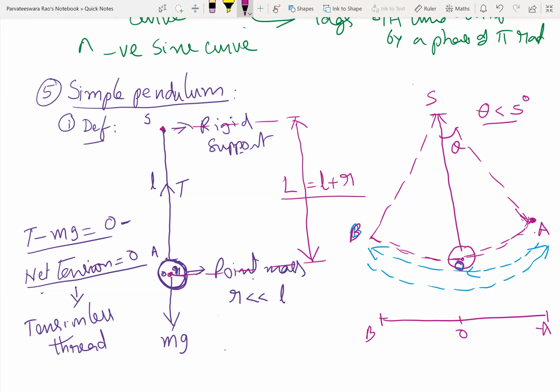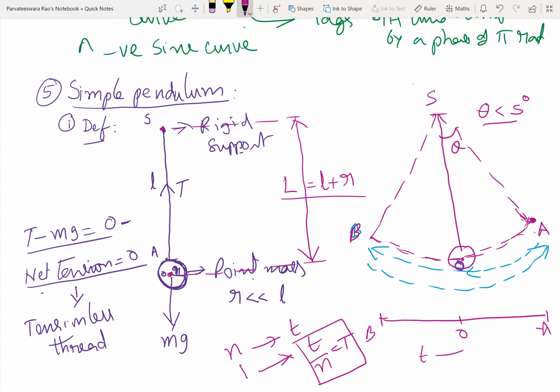Suppose the pendulum takes t seconds to make n complete oscillations. Then the time taken to make one oscillation is t by n. That is called the time period. Time taken by the pendulum to complete one full oscillation is called the time period.